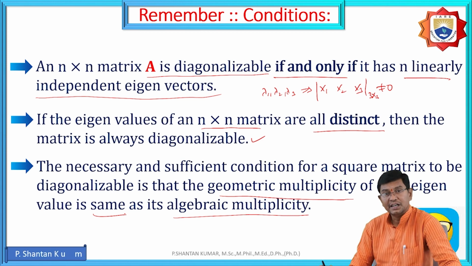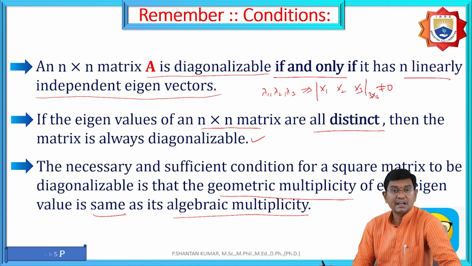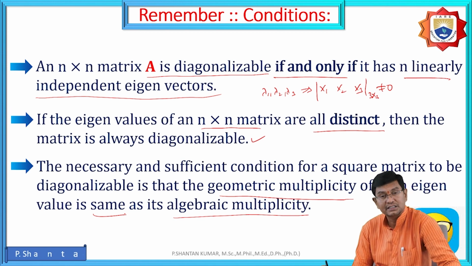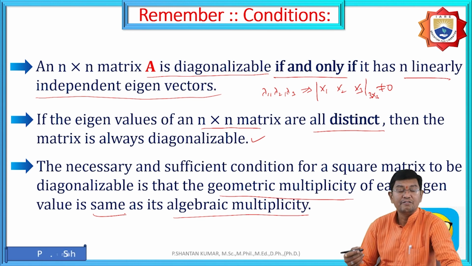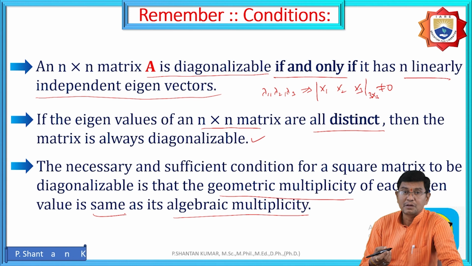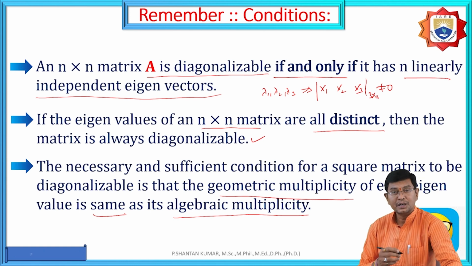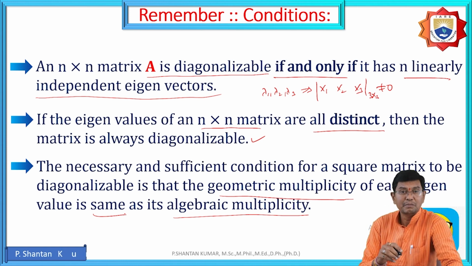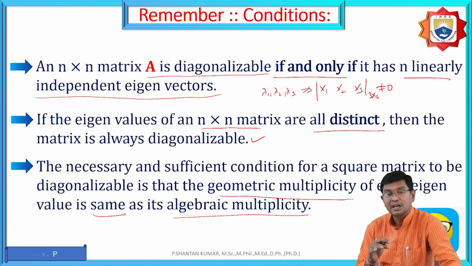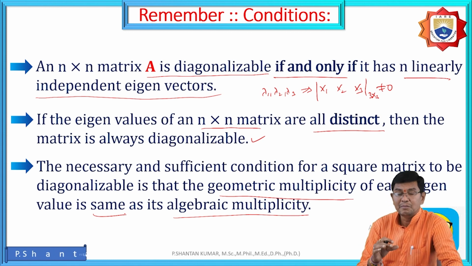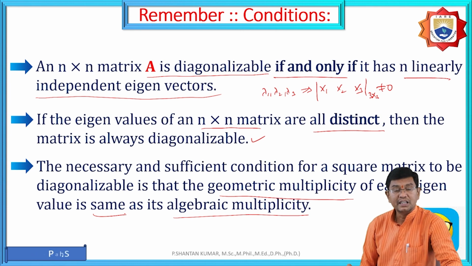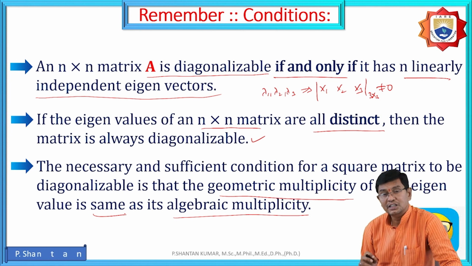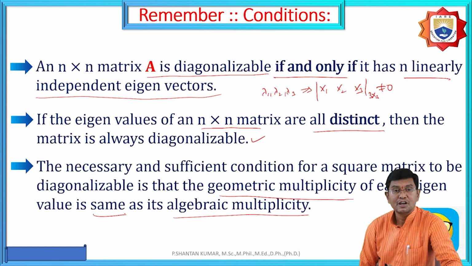One condition is n linearly independent eigenvectors, then the matrix is diagonalizable. Second, if the matrix has all different eigenvalues, it is also diagonalizable. Third, whenever the algebraic multiplicity and geometric multiplicity of the eigenvalues are both the same, then also the matrix is diagonalizable. In other cases, where AM is not equal to GM, the matrix is not diagonalizable.